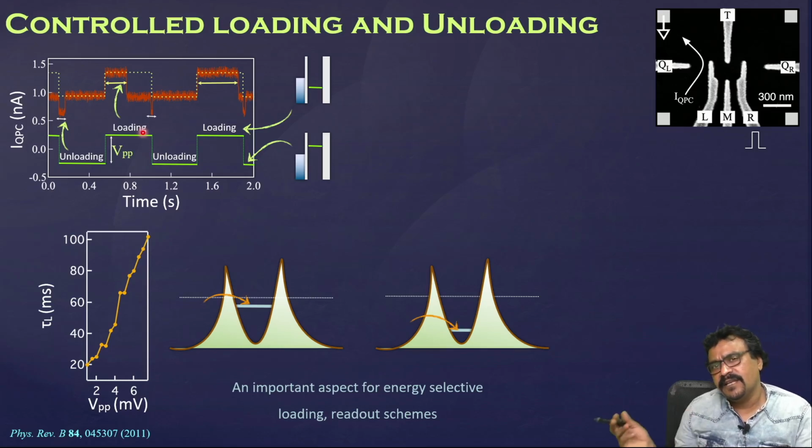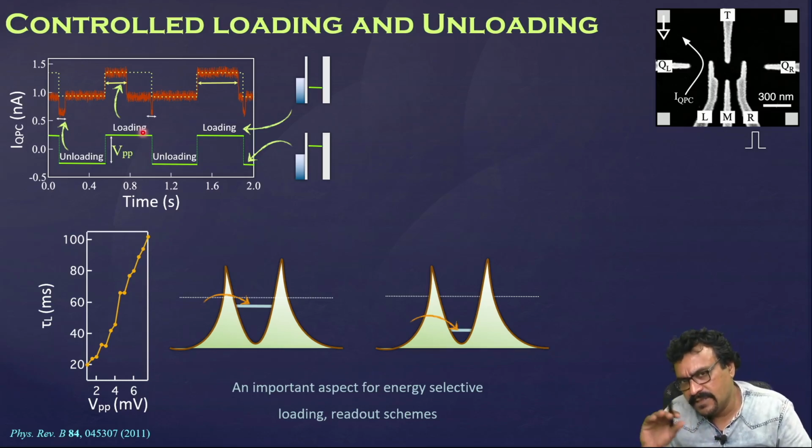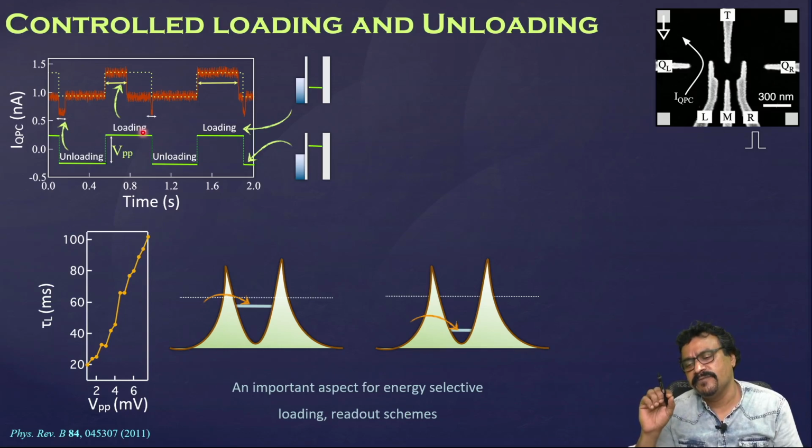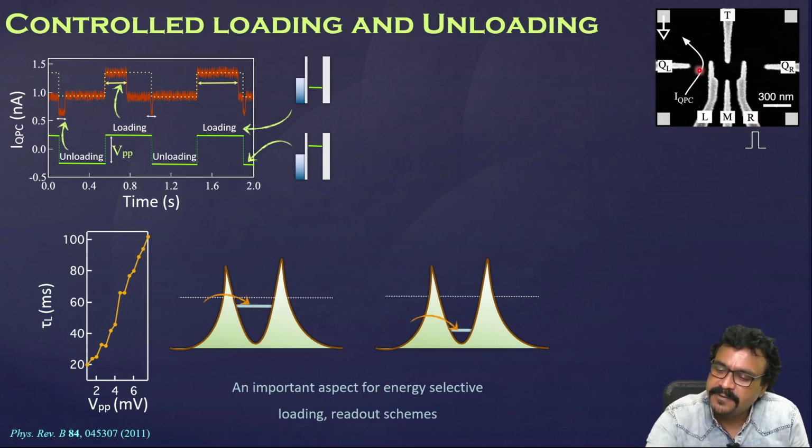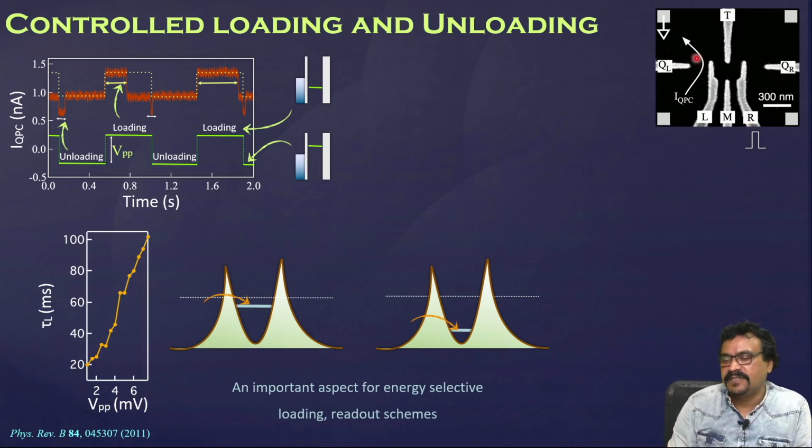So, this tunnel in or out will be measured by a change in the conductance of the QPC. But the conductance of the QPC is also affected by the direct coupling of the signal to the channel, because these are very small nanoscale devices.